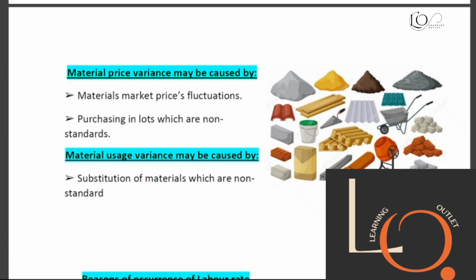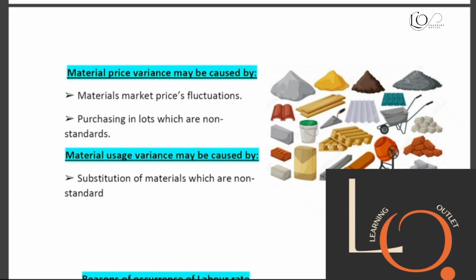Then there is a material usage variance, which means for 1000 pencils, you should use only, let's say, 500 kilograms of wood. But because you bought a lower quality of wood, you ended up using 700 kilograms.